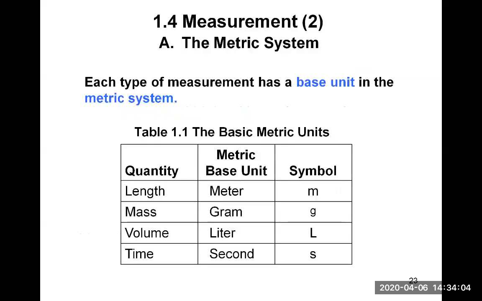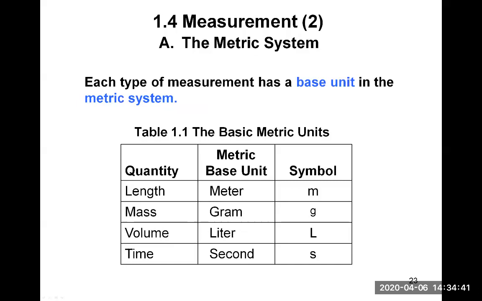So there is the metric system and the English system. And in science, we use the metric system. Each type of measurement has a base unit in the metric system. If the quantity is length, the base unit is the meter, and the symbol is lowercase m. For mass, the base unit is the gram, and the symbol is lowercase g.